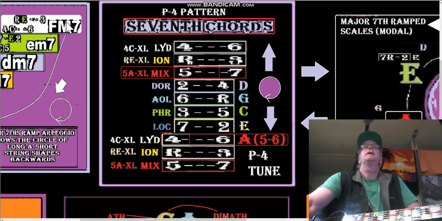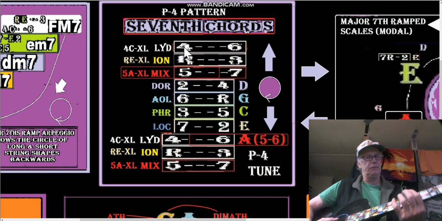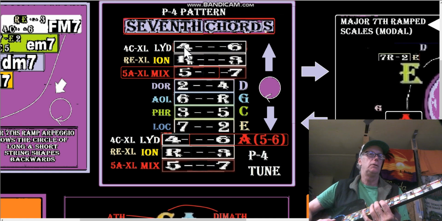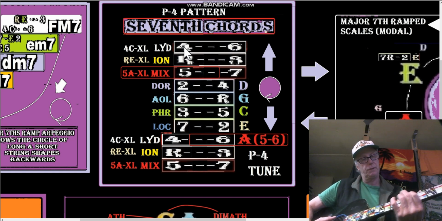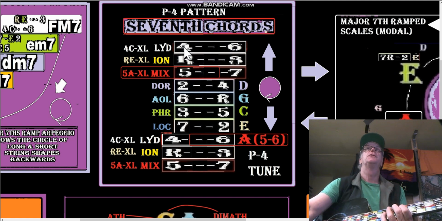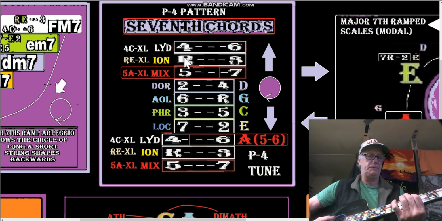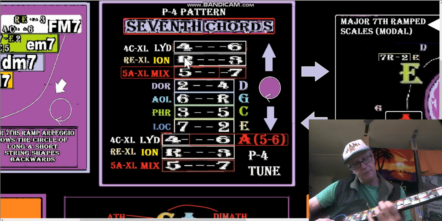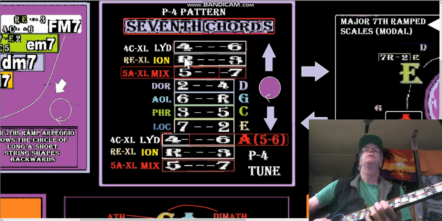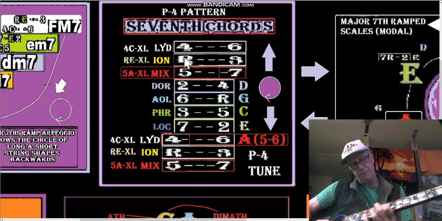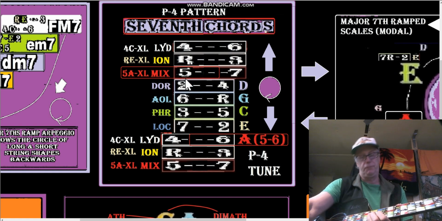If we start with the F7 there, now we have to follow a ramp. So we're going to go 4, 6, then to root 3. So there's our F major seventh. 4, 6, root 3, and then to 5, 7, 2, 4.